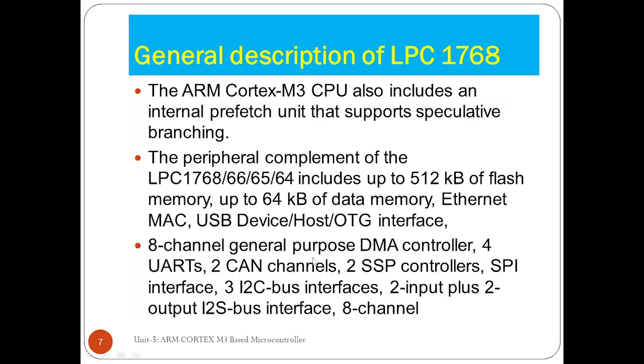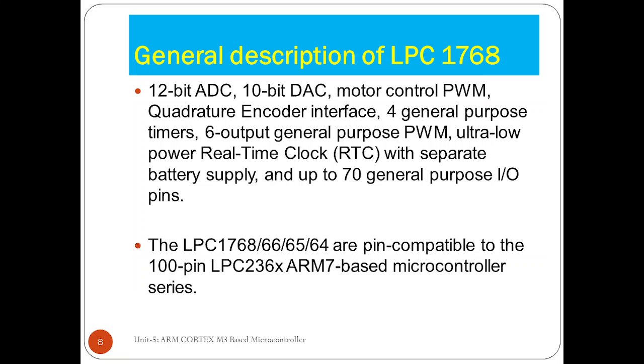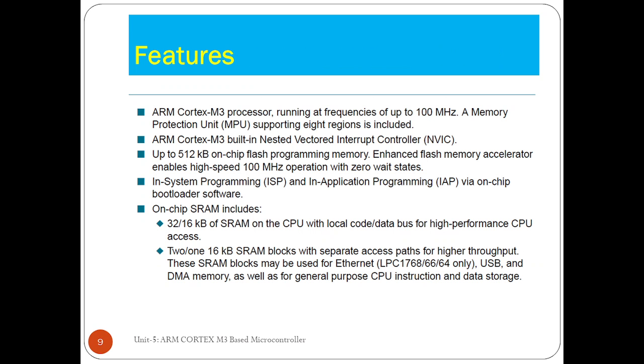All these are different types of protocols available for communication to the sensors. Again ADC and DAC are available: 12 bit ADC, 10 bit DAC, and a PWM controller. Inside, all these things are available according to the packages. It is available in 64 pin and 100 pin packages. So these are the features of ARM, listed here.